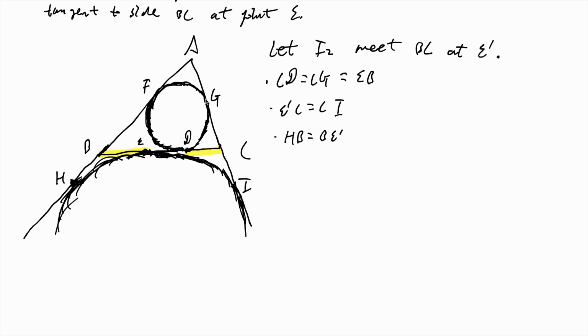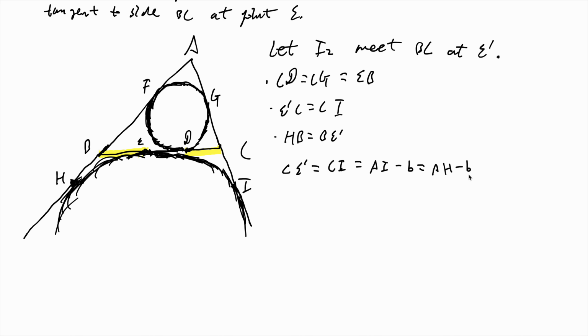Okay. So we know that CE prime is equal to CI, obviously, and this is equal to AI minus B, let's say this length is B, because here's B, and AI minus B, this is equal to H minus B. Oh, no, my R was too soon.